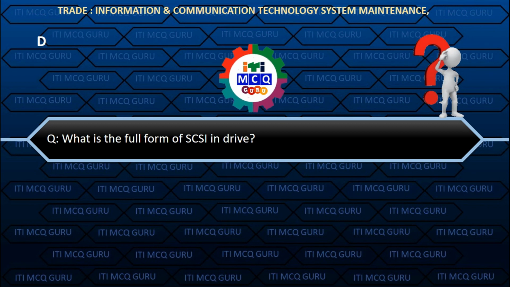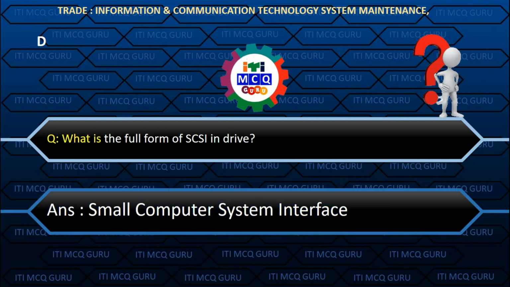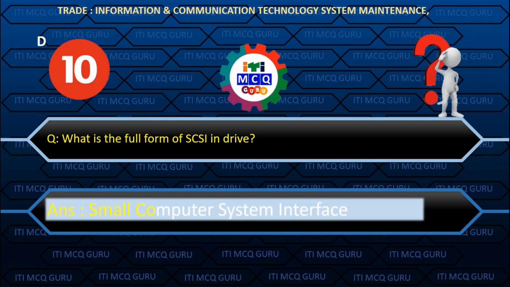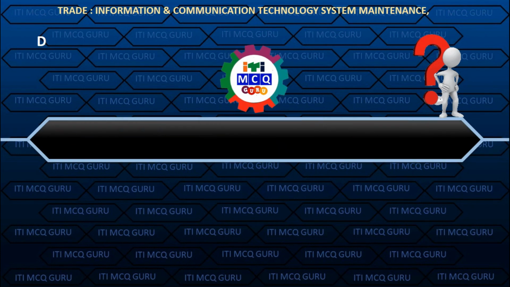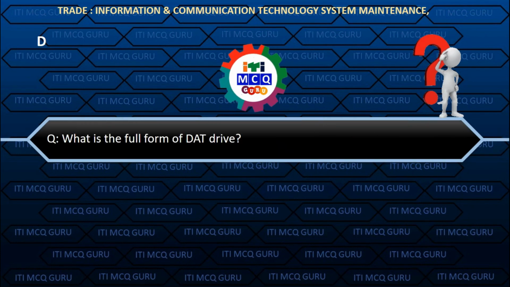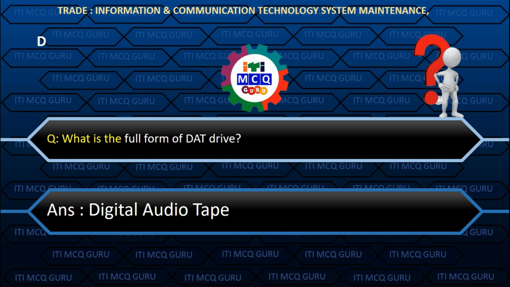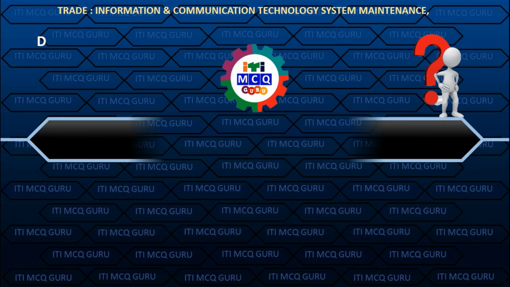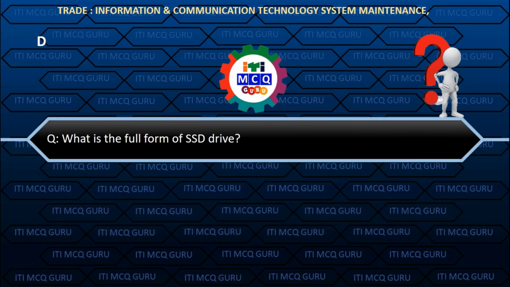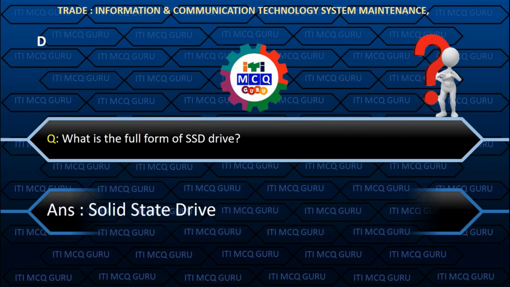What is the full form of SCSI in Drive? Right answer, Small Computer System Interface. What is the full form of DAT drive? Right answer, Digital Audio Tape. What is the full form of SSD drive?